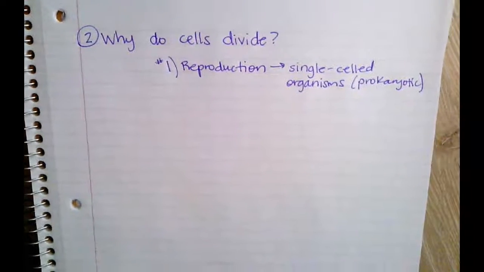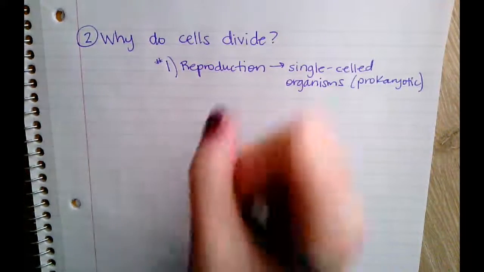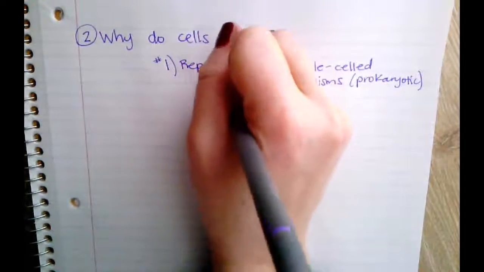We are not prokaryotic, we are eukaryotic. We have different types of cells, again, bone cells, hair cells, nail cells, sex cells, different things like that. Single-celled organisms are where the organism literally is made of just one type of cell. So that's how it can reproduce. This is what we would call asexual reproduction.